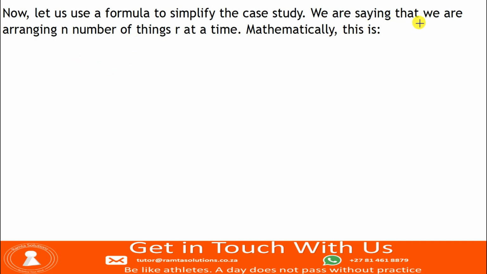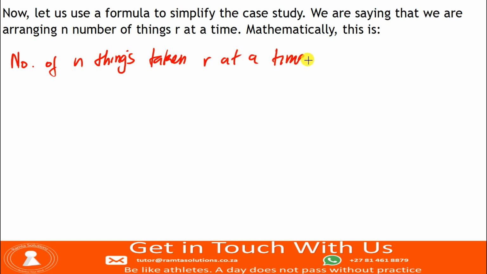When we want to find the number of n things taken r at a time, it will be n factorial over, open brackets, n minus r, close brackets, factorial.